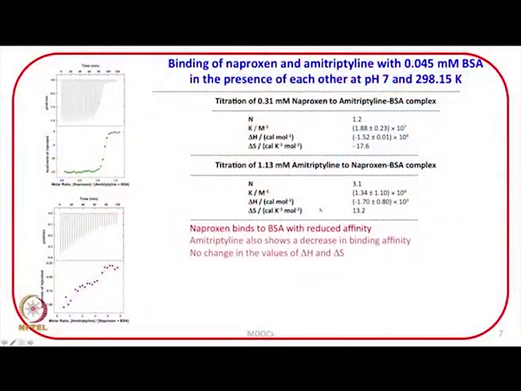Now look at this table. Here naproxen is titrated with the amitriptyline BSA complex. The value of K remains of the order of 10 raised to the power 7, although there is a slight change in the absolute value. But when amitriptyline is added to the naproxen BSA complex, the value of K remains nearly the same.